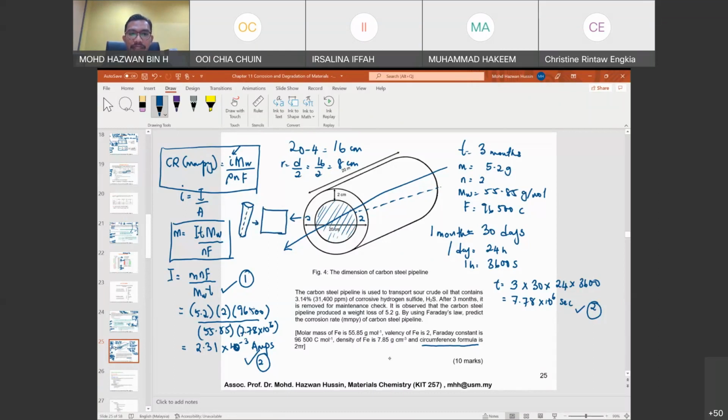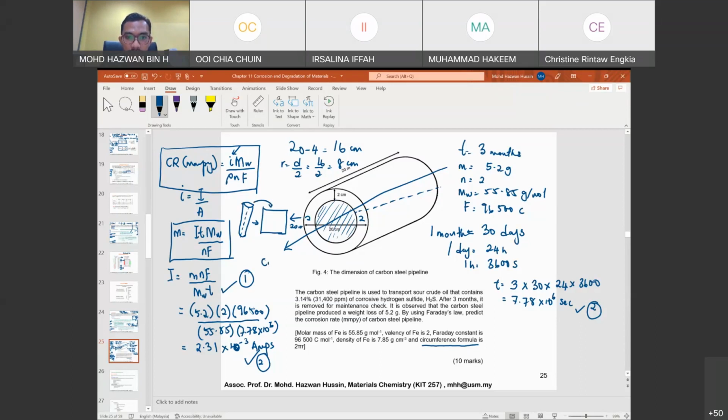So this is the area that you want to calculate, because this is the inner pipe, and we already know the radius. The length is provided. I think the length is equal to 20 meters, and this is the circumference. Circumference is not provided. You have to calculate it, and the circumference will be equal to the width of this sheet.